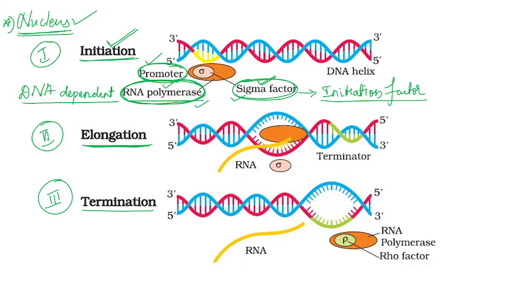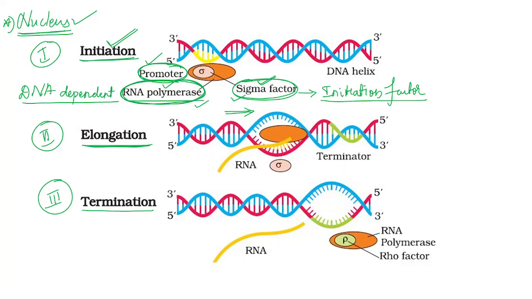The RNA polymerase enzyme will move towards the right side direction and start making RNA based upon the complementarity nature.